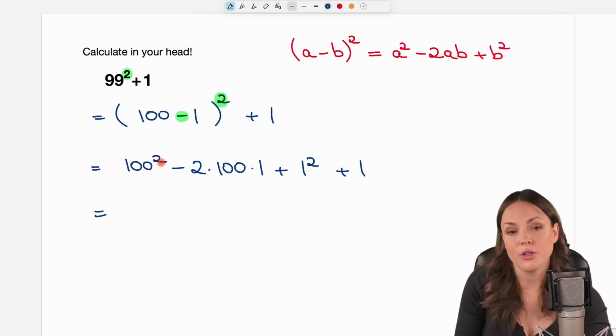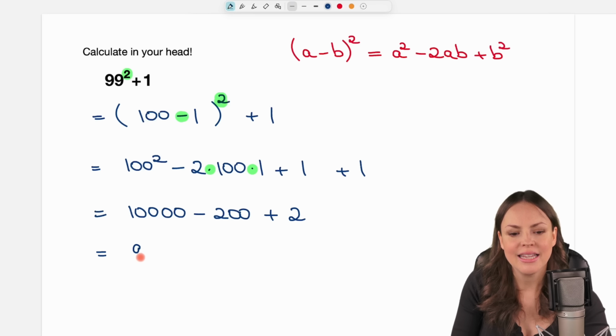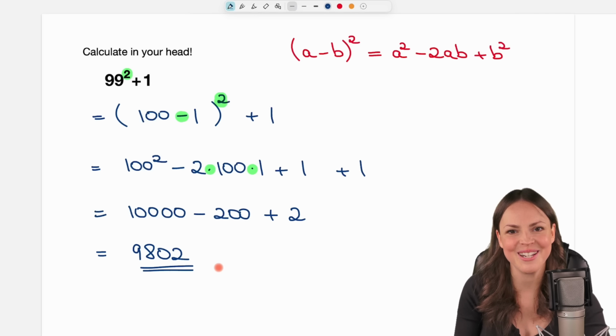Okay, 100 squared is just the 100 and 2 more zeros, minus 2 times 100 times 1 is 200, plus 1 squared is just 1, plus the other one, so plus 2 in total. And these numbers here, if we calculate this, we get 9,802. So of course, the same result, but a different way.